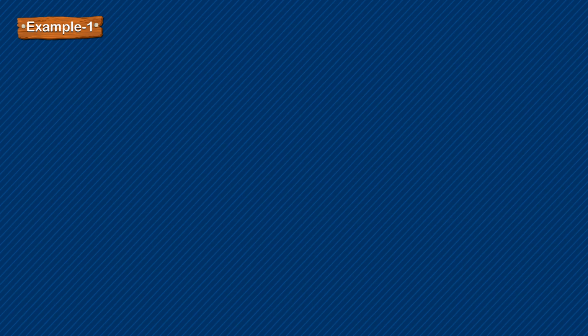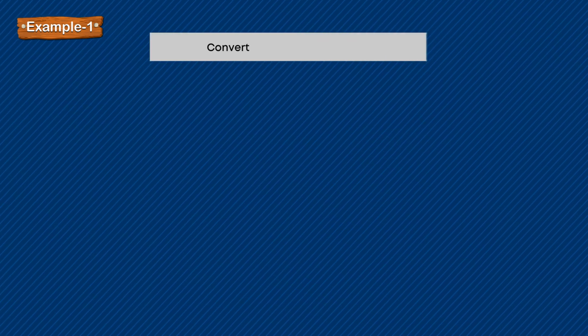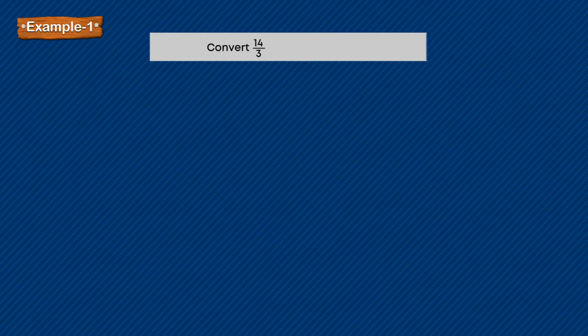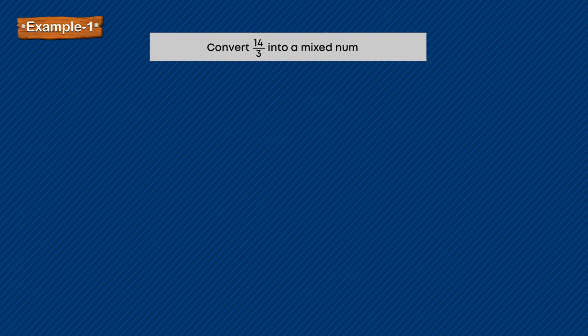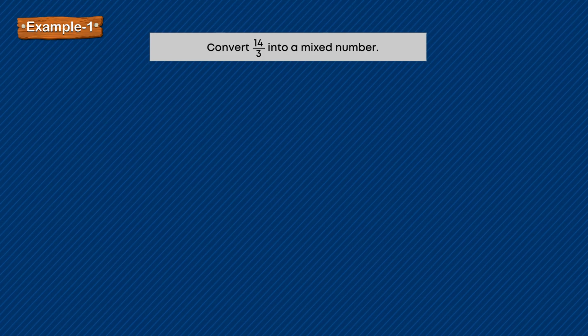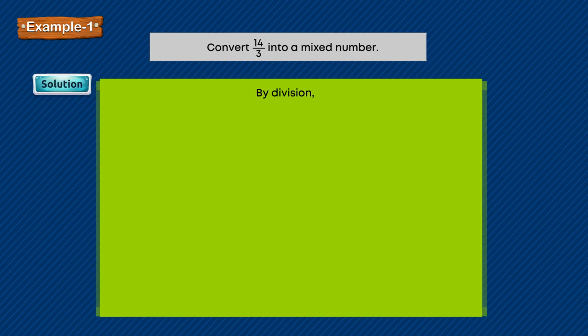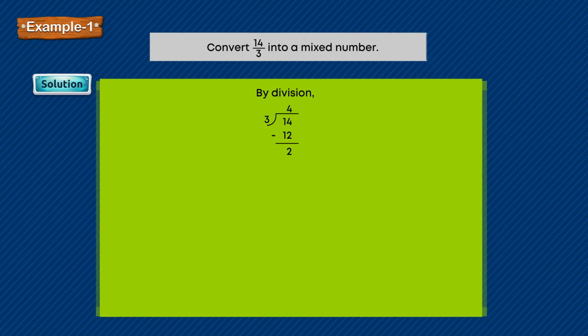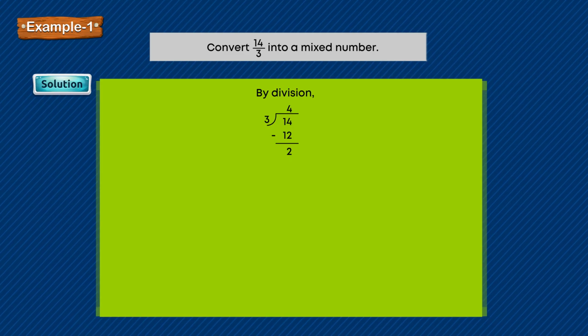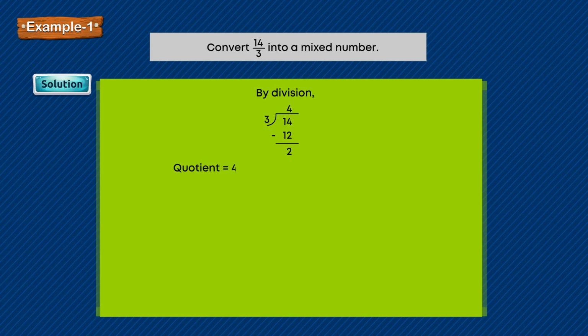Example 1. Convert 14/3 into a mixed number. Solution. By division. Here is the sum. Quotient is equal to 4.